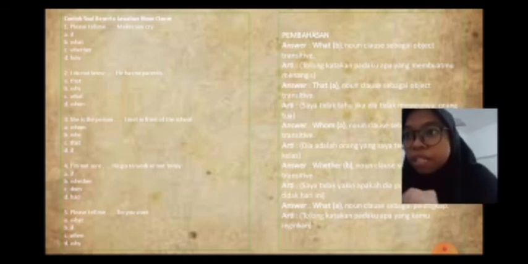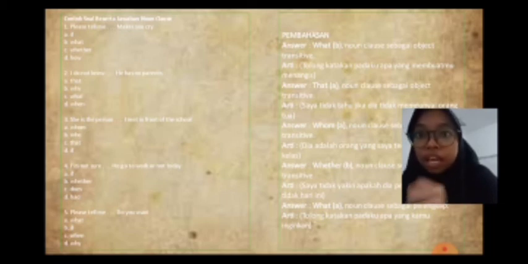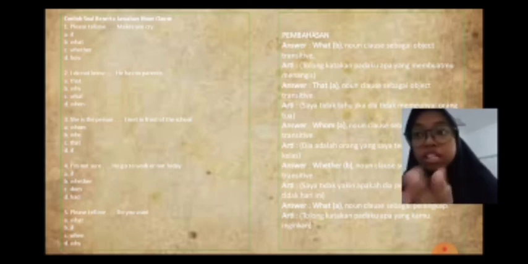First, please tell me blank makes you cry. You can see the choices: if, what, whether, and how. What is the possible answer to this question? Yes, exactly, the answer is B, and you can see the explanation why: the noun clause is an object of a transitive verb, because what is the noun clause connector.